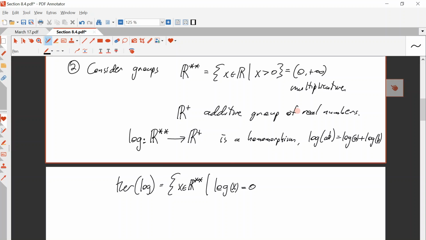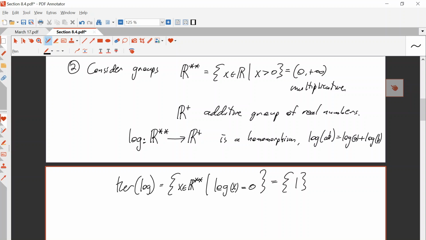Down here, the kernel of the log function is the set of all x in the domain such that the homomorphism goes to 0, because that's the identity here. And of course, the kernel is just 1. The only thing that has log of x equal to 0 is x equal to 1. So that's example number 2.